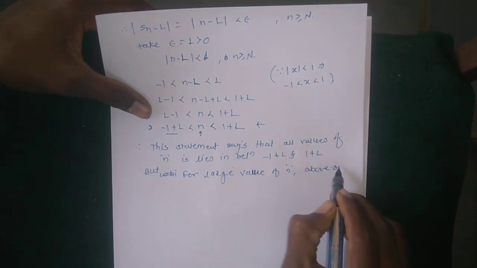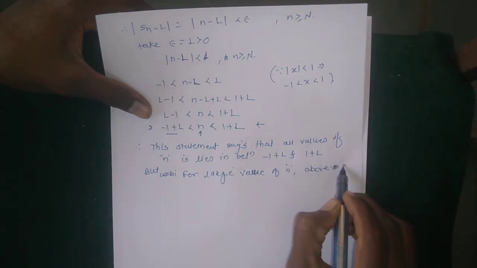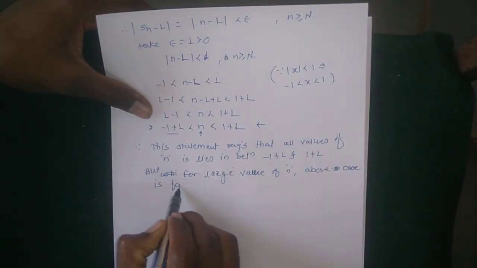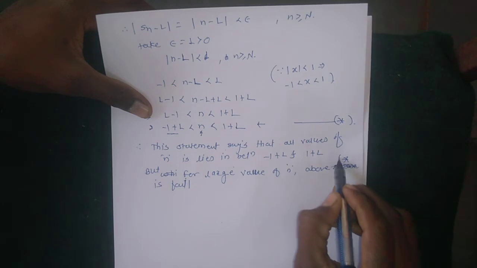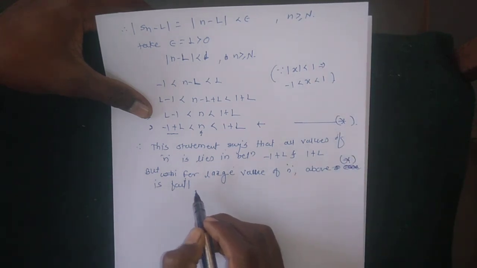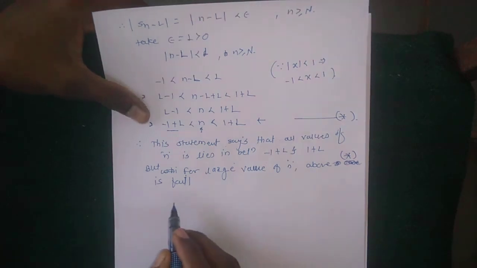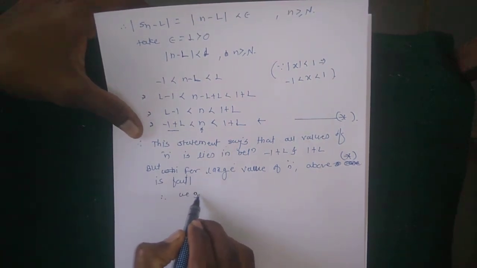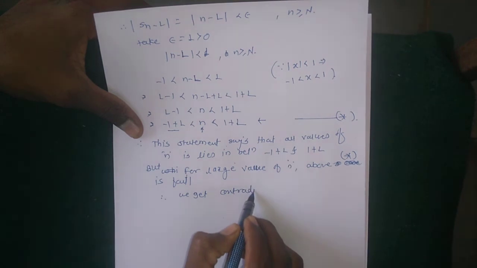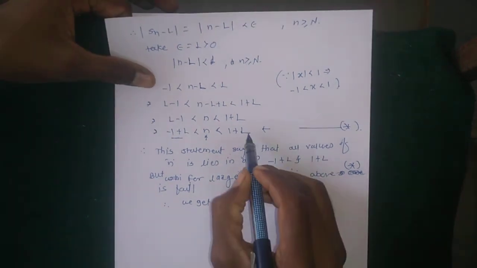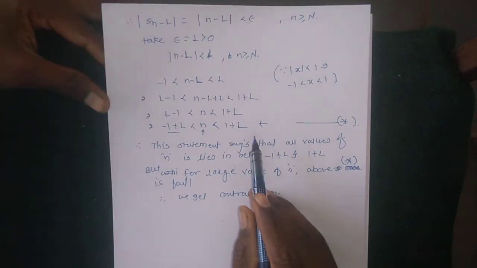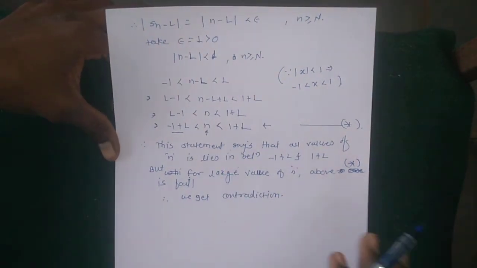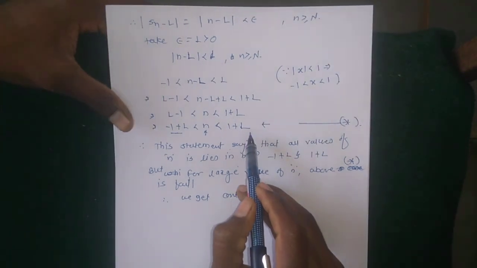Above statement or above cases fail. Suppose that the above equation star fails, and therefore we get a contradiction. Because L is a finite number, and n runs from 1 to infinity, sequence Sn has an infinite value, and L is a finite number.